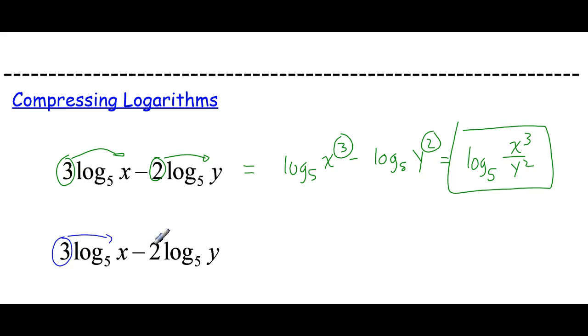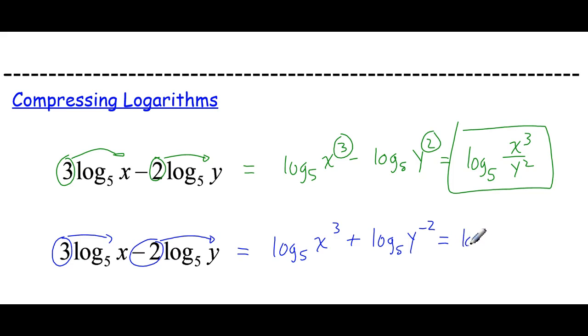I could have brought the negative in with the exponent here, to where I could have had log base 5 of x cubed. The minus would have been pulled in as part of the exponent, so we would have had y to the negative 2 instead of positive 2. And it would have been plus instead of minus. The minus was gone at that point, so it would have been adding instead of subtracting.